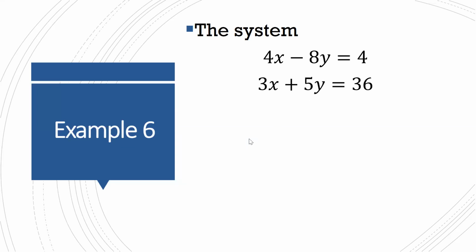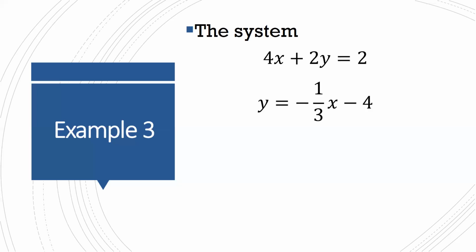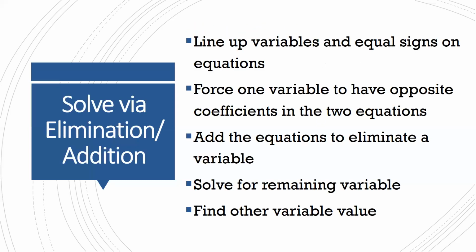So now we've solved about 6 different elimination problems. And at every single one we've done, we've taken these steps. We've lined up the variables and the equal signs on the 2 equations. We force one variable to have opposite coefficients in the 2 equations.